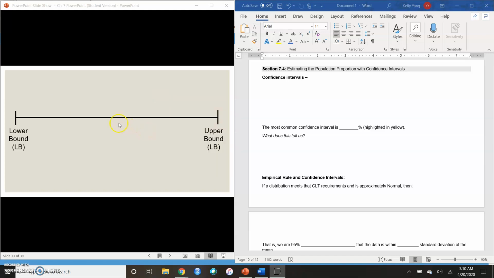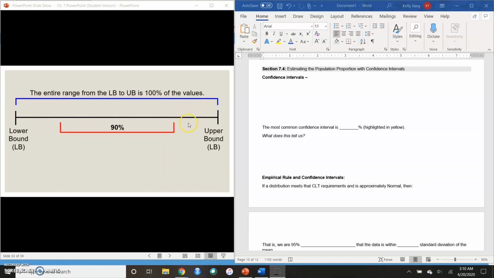So here I have my lower and upper bound. This should be a U. So the entire range from the lower to the upper bound is going to be 100% of the data values. When we are 90% confident, we're assuming that our parameter is going to fall within this red region right here. But when we're 95% confident, we have a larger bound.